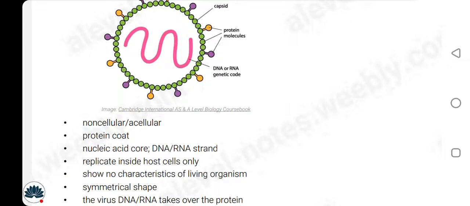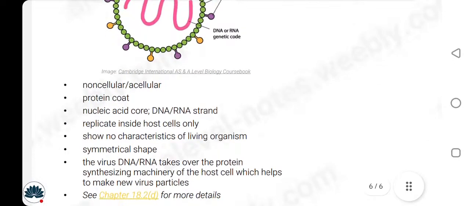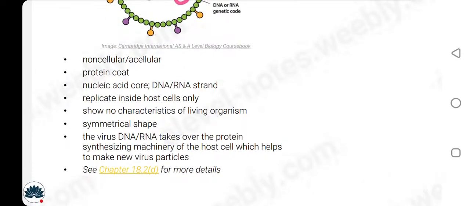It is not considered a living cell, but science still considers it life because of its reproduction. It can only reproduce, while it cannot breathe or have any function like living organisms above reproduction. It shows no characteristics of living organisms and has a symmetrical shape. The virus DNA or RNA takes over the protein synthesis machinery of the host cell, which helps to make new virus particles.